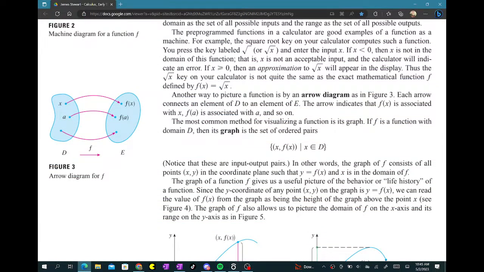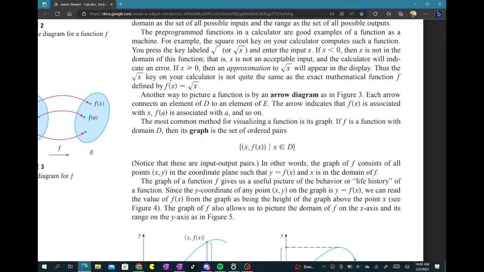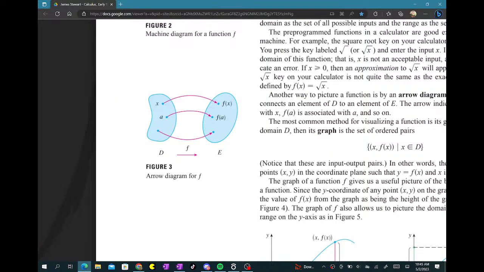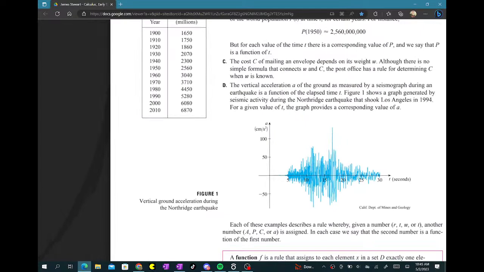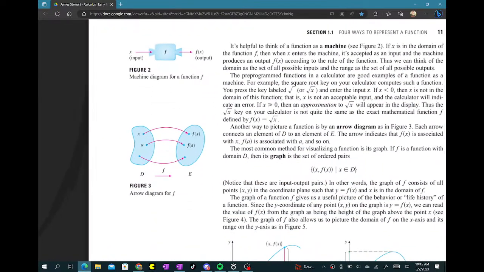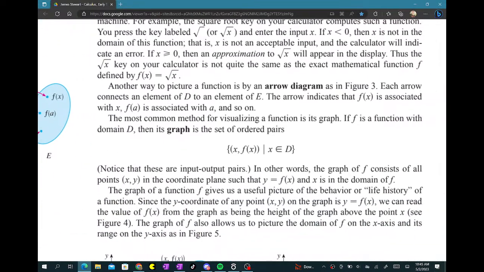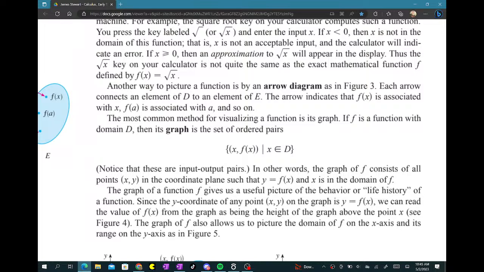And so another thing, it says the most common method for visualizing a function is its graph. So obviously, when we have some kind of data table like this, the best way to visualize that is with a graph. And it says if f is a function with domain D, then its graph is the set of ordered pairs.